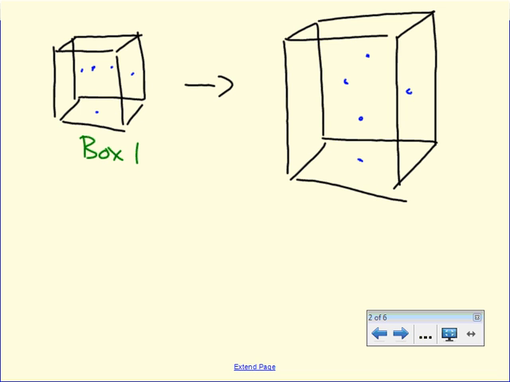But the key idea here is that between box 1 and box 2, I have the exact same number of particles. The number of particles hasn't changed. I have 5 particles in my first box and 5 particles in my second box. So that's a quantity that's the same.